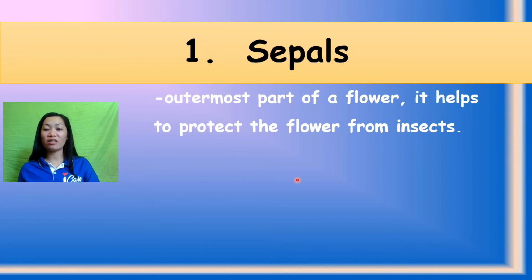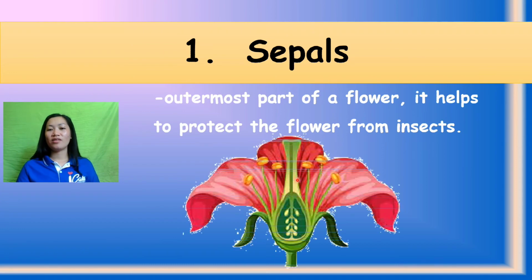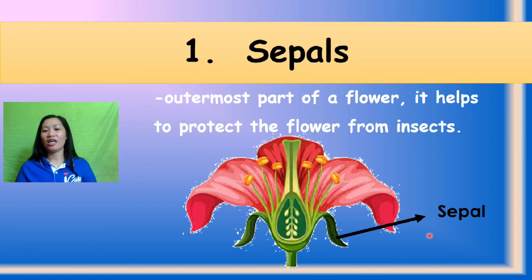It's the protection of a flower from the outside world. Sepals are green like leaves. Can you guess where the sepal is? If you point to this one, then you're right. It's the sepal of the flower.